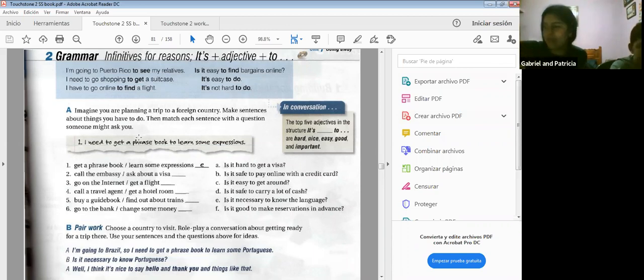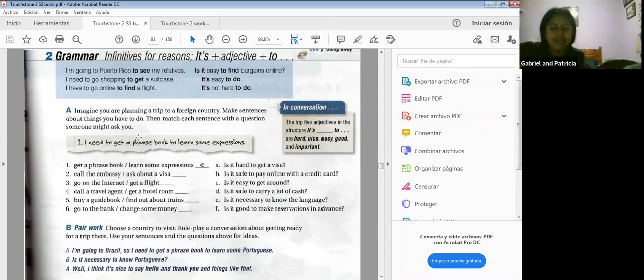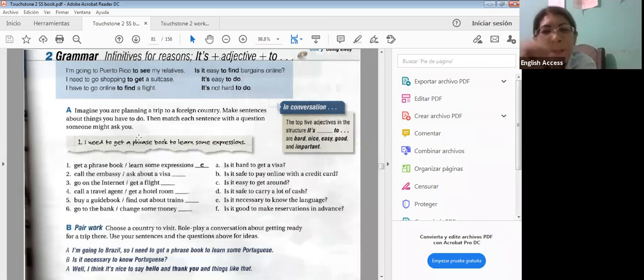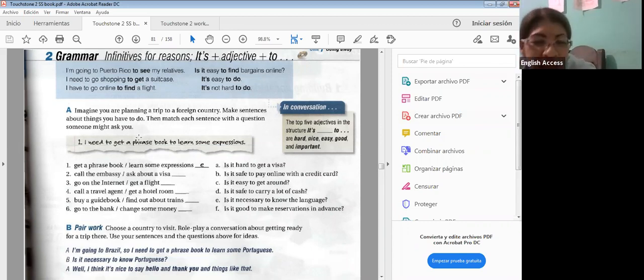Choose the columns. Okay, remember, we have two activities in one. Number one, complete the sentences. For example, number one, you only have get a phrase book, learn some expressions.